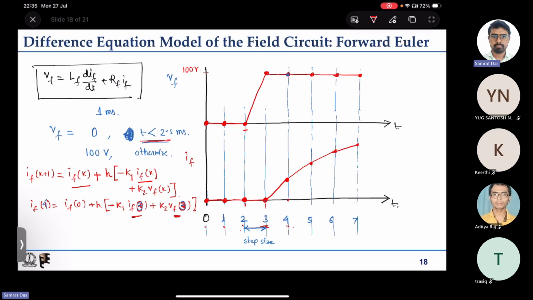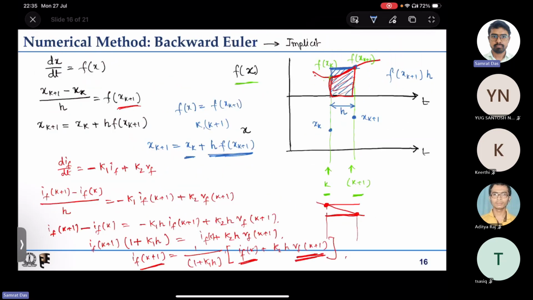Now if the same thing is solved using backward Euler, what is the equation?